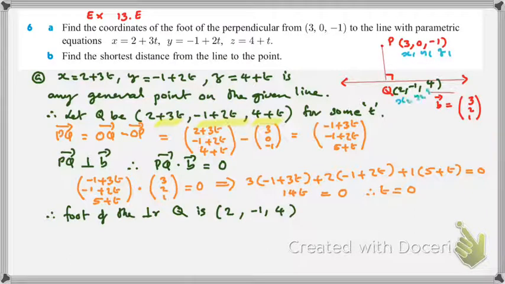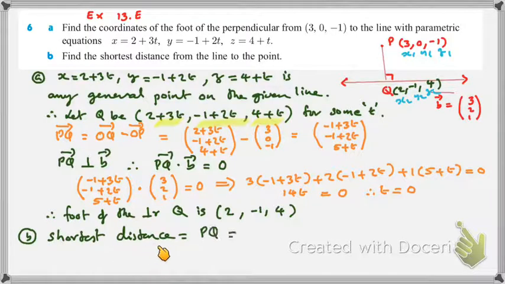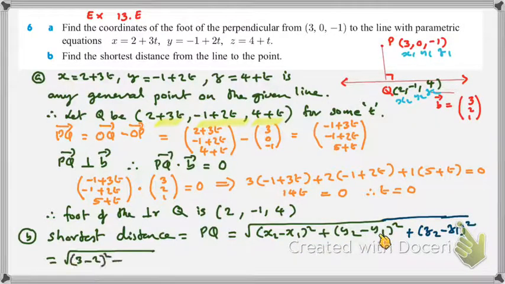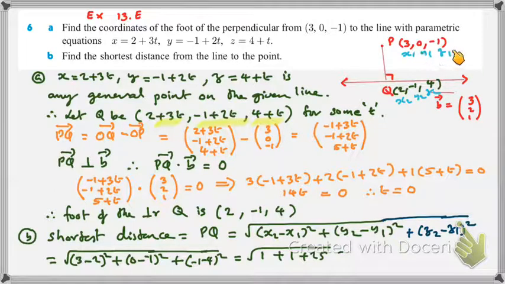Moving on to part B, the question is to find the shortest distance. The shortest distance is the perpendicular distance, which is PQ. PQ is the square root of (x2 - x1) squared plus (y2 - y1) squared plus (z2 - z1) squared. Here x1, y1, z1 is P (3, 0, -1) and x2, y2, z2 is Q (2, -1, 4).